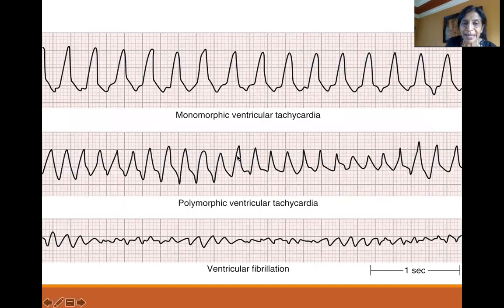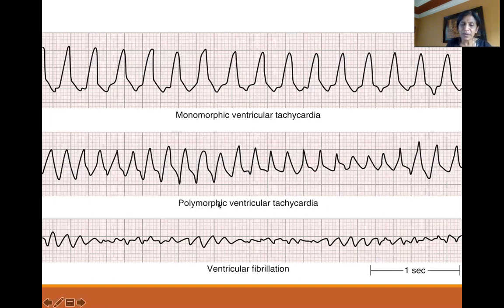Here is a good example of ventricular tachycardia. Now, this is monomorphic versus polymorphic, then ventricular fibrillation. Monomorphic is one similar pattern. Polymorphic is where patterns vary. You can tell there are big ones, small ones, right?